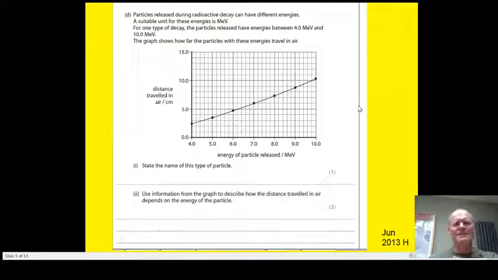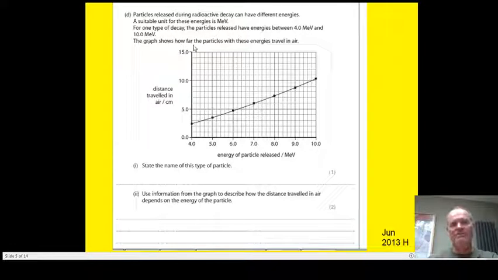The second part of the question, D, is a different type of question. It says particles released during radioactive decay can have different energies. A suitable unit for these energies is mega electron volts. We don't need to worry about it at GCSE, but it's proper science. For one particular type of decay, the particles released have energies between 4 mega electron volts and 10 mega electron volts.